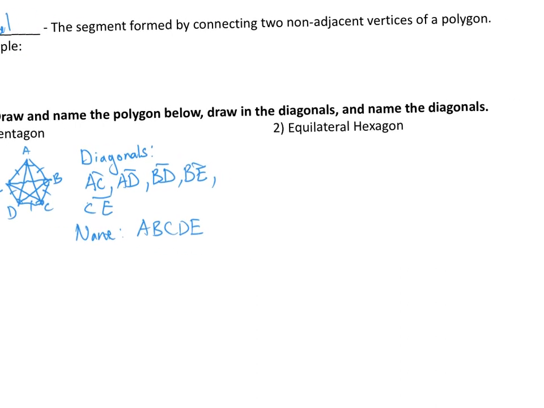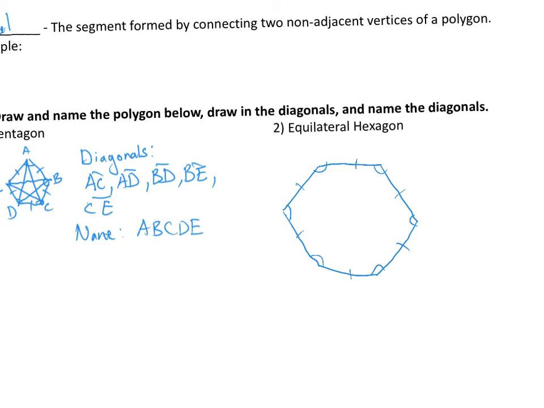Equilateral hexagon. A hexagon has 6 even sides, so this is 1, 2, 3, 4, 5, 6. Assume all the sides are the same, all the angles are the same. This is a regular hexagon. I'll label these something different.